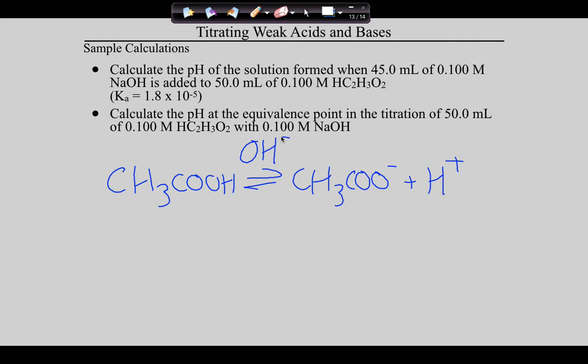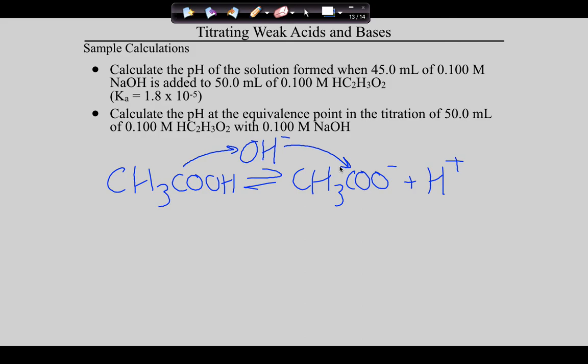Familiar. So when we're at equivalence, what has magically happened to this system? What does equivalence look like? When we reach equivalence, what do we know about the amounts of these two things? They're equal. So guys, at equivalence, that process described by those two arrows is all done.